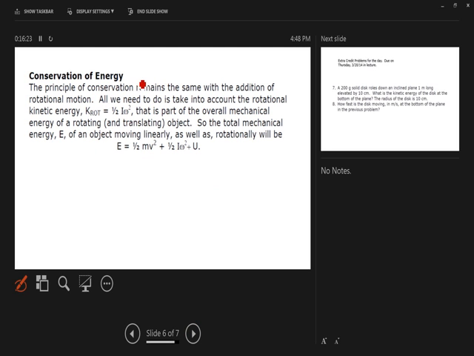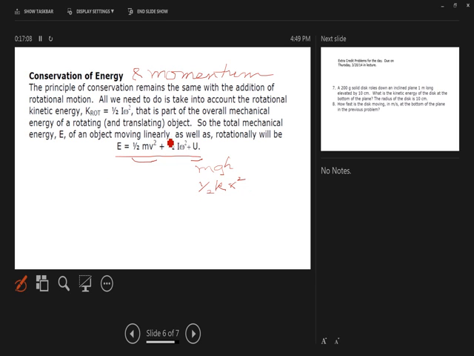Conservation of energy as well as conservation of momentum still apply regardless of the type of motion we're dealing with. So here, for example, is the extended equation for conservation of energy that includes our usual term for linear kinetic energy and the potential energy, whatever that would be that you're dealing with, whether it's gravity, it would be mgh, or whether it would be a spring, 1/2 kx squared.